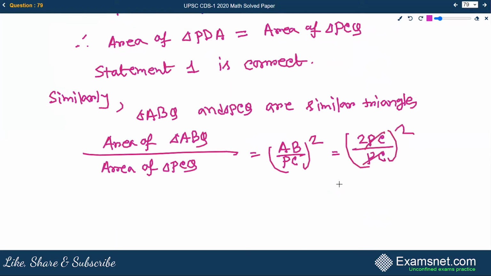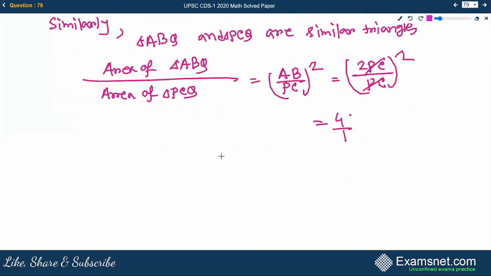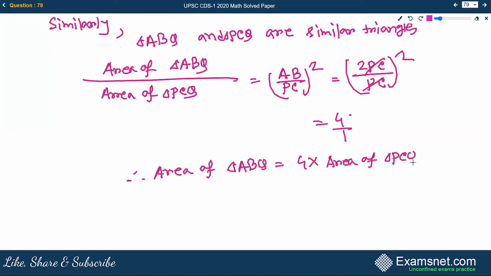Both PC will get cancelled. We will get 4 by 1, 4 is to 1. Therefore, the area of triangle ABQ is 4 times the area of triangle PCQ.